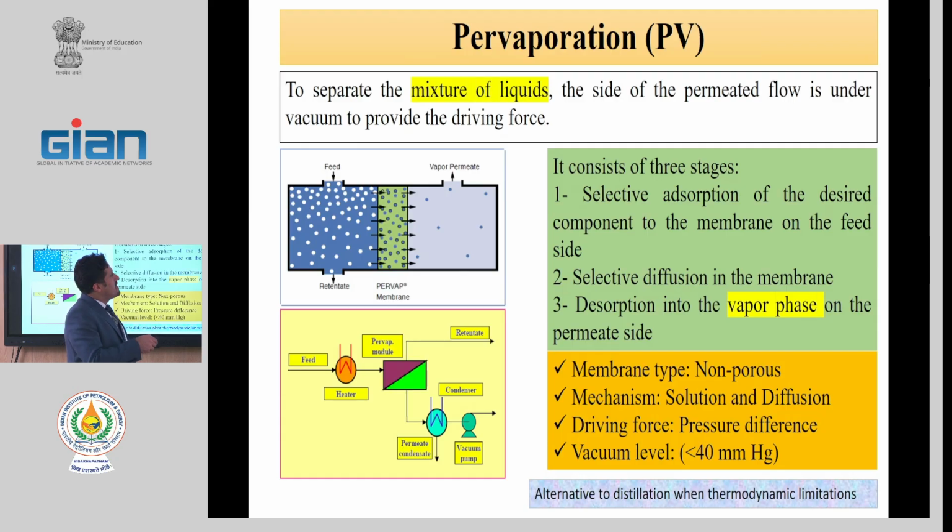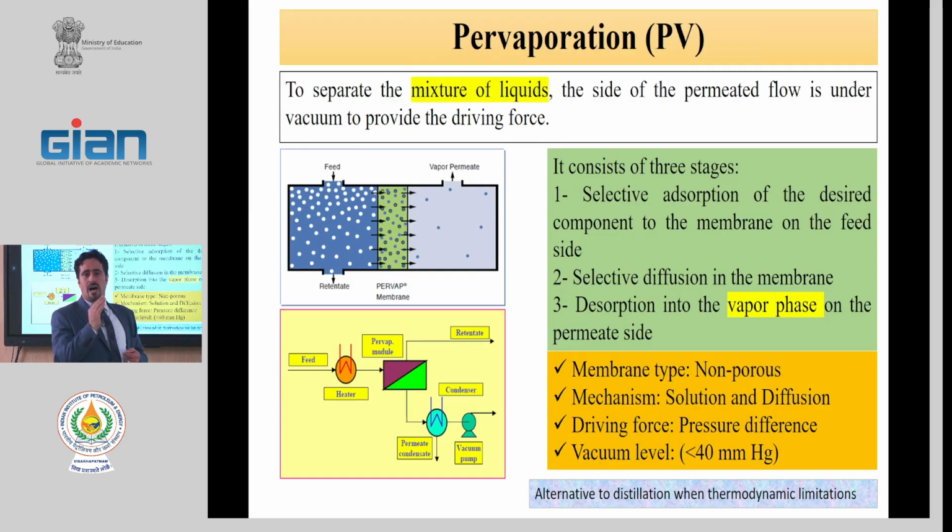Therefore, in the PV process, we separate a mixture of liquids. The membrane is non-porous, and the membrane can be either hydrophilic or hydrophobic.